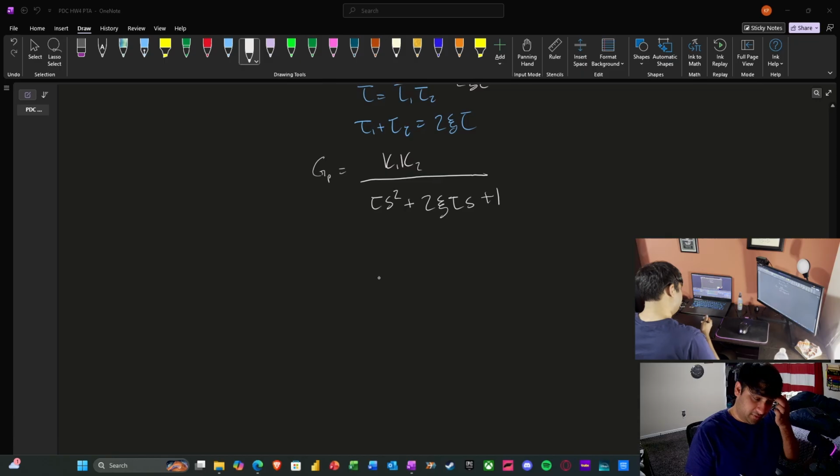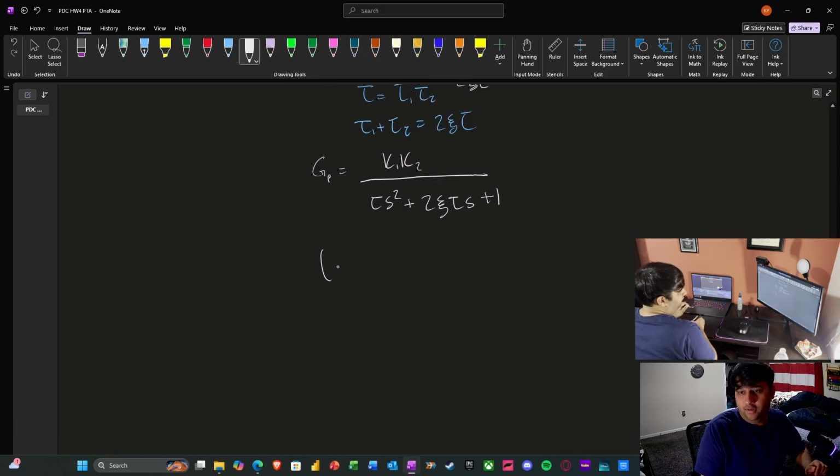So simplifying this further, what we eventually get is (tau 1 plus tau 2) over 2, squared, greater than or equal to tau 1 times tau 2.